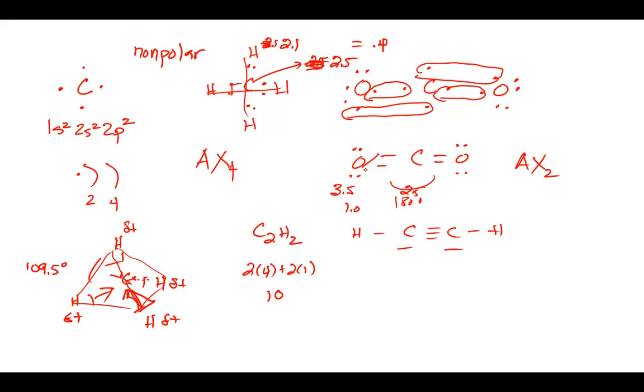The electrons are being pulled from the carbon over time to the oxygen because the oxygen is more electronegative. And so the oxygens have a partially negative charge and the carbon has a partially positive charge. But again, because this is linear, these two forces are pulling equal and opposite, and they cancel each other out, so carbon dioxide is also nonpolar.